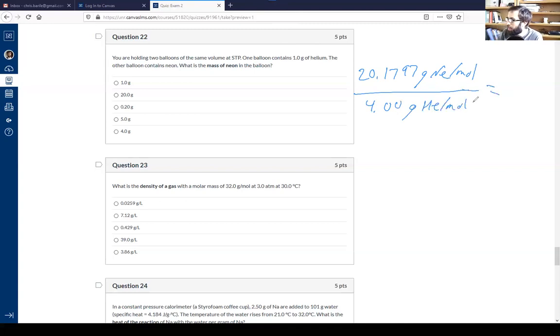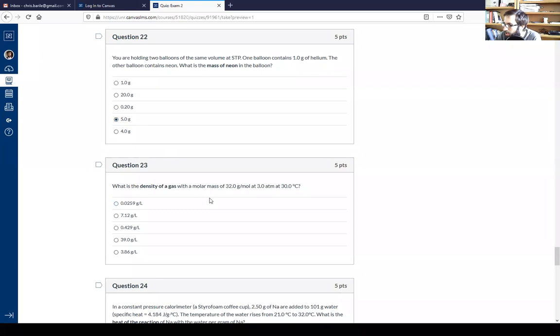That equals about 5. So it's going to weigh 5 times more, and you have 1 gram of helium, so that gets you 5 grams of neon. If you understand conceptually how gases work, this problem is actually very, very simple. The other way, of course, would work as well.